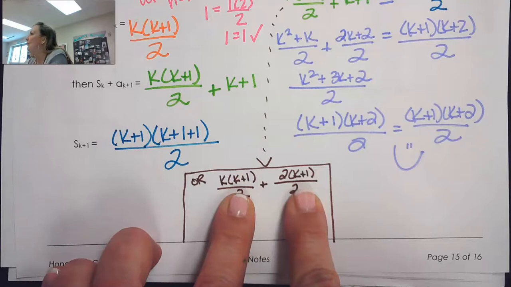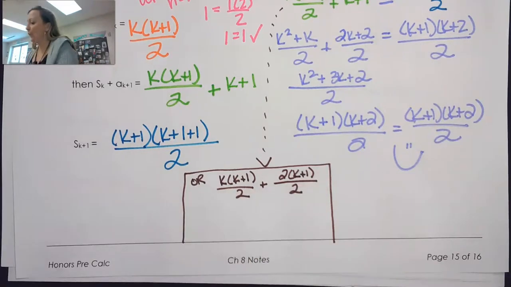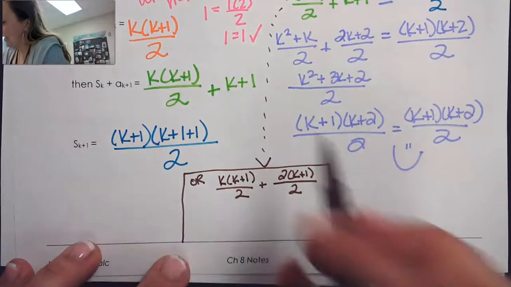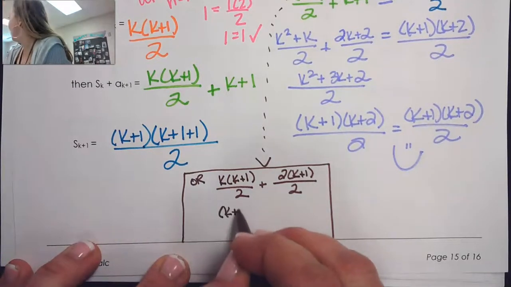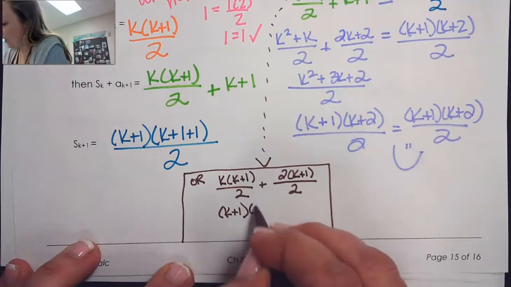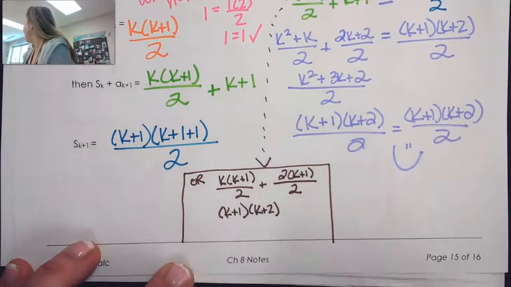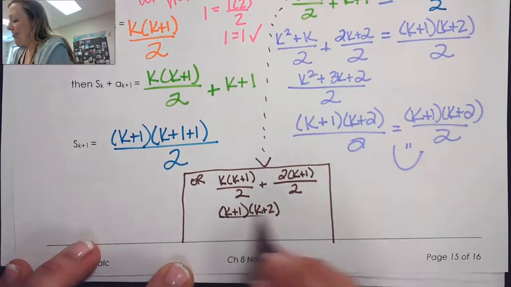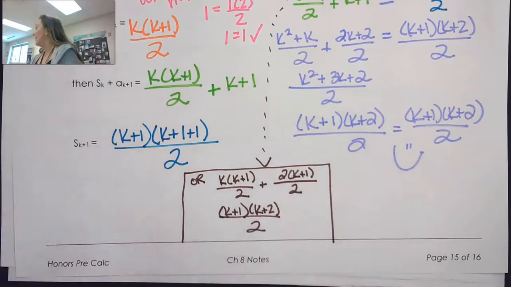Do you remember when you factored by grouping, and if you got a common factor, can't you rewrite this using the common factor k plus 1 and then use the other coefficients as your factor as well? That's another way that we could have jumped there.